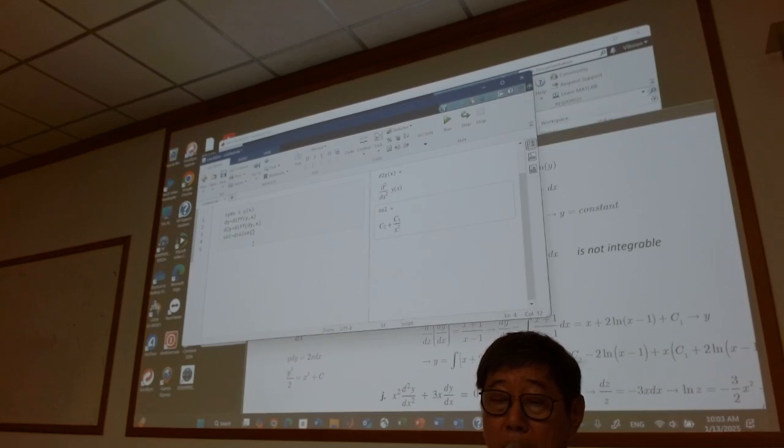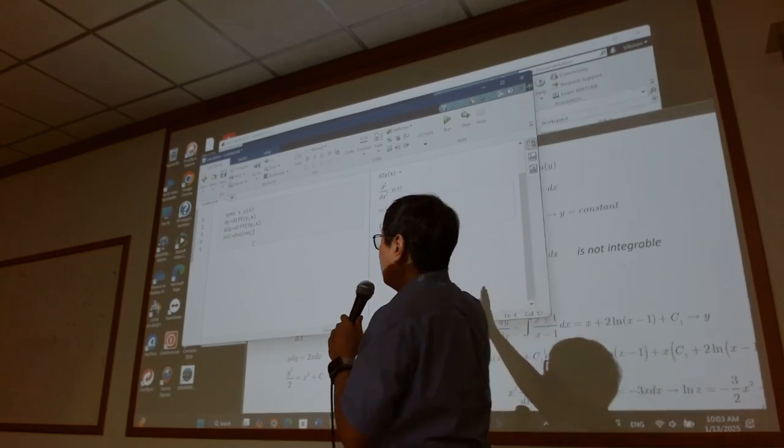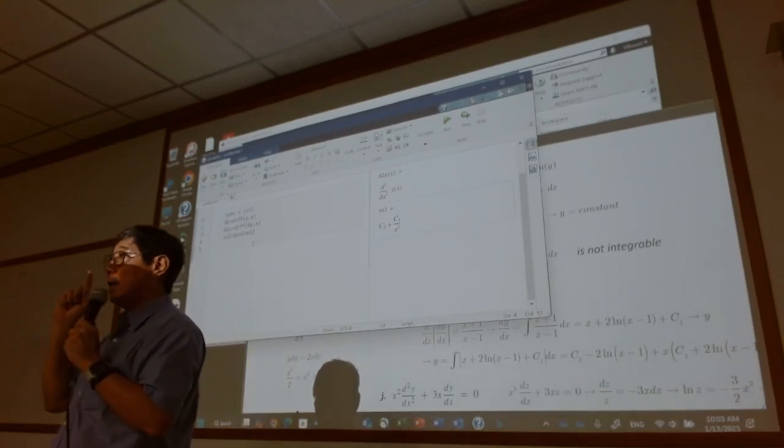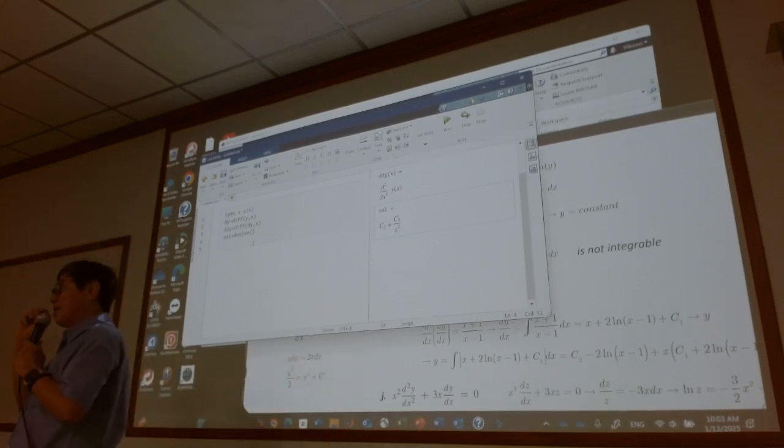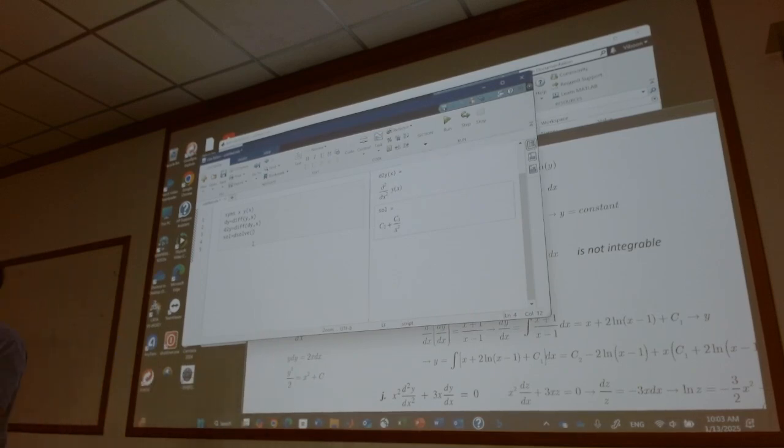I say MATLAB provides you with symbolic math, right? But actually, it's not as good as some of the original symbolic math tools. There are two original ones that are very, very good, and also available.